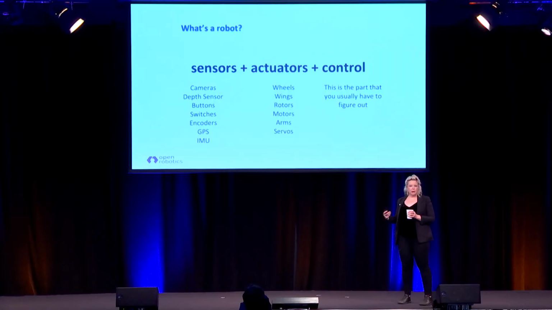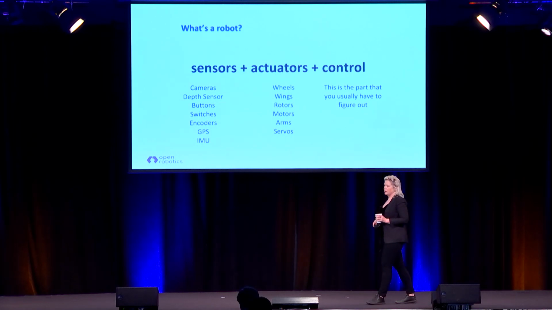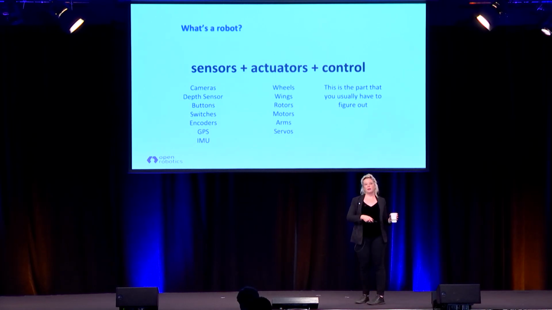It might be wheel encoders, GPS, inertial measurement units, any of those things. Actuators can be anything from a very complex, very expensive 6-axis arm to wheels, wings, rotors, servos, basically anything that moves. And then control is usually the thing that somebody's paying you to figure out, right? It's how do we take some input, think about it, and make some output happen in the real world?